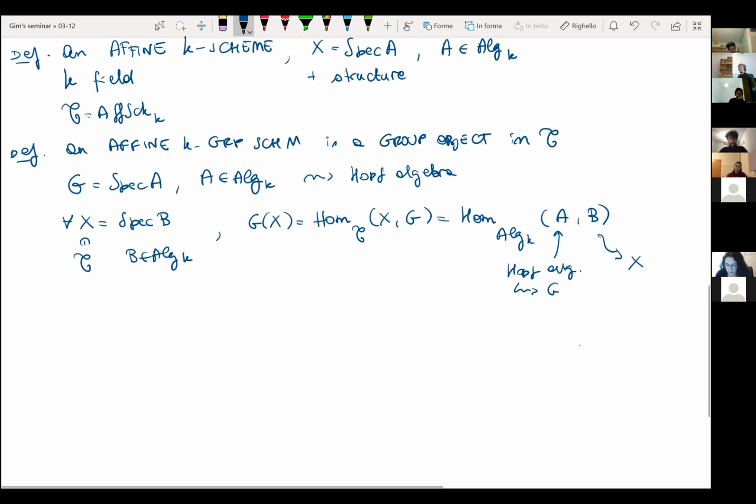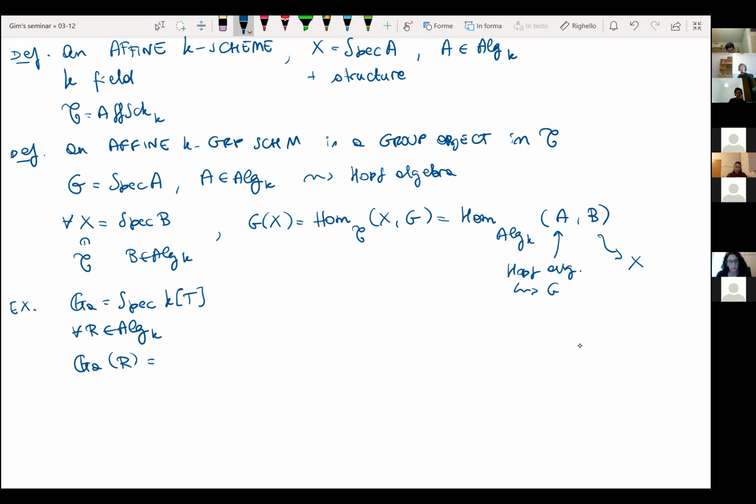So let's see some examples of group schemes. We can consider, for example, G_a, which is the spectrum of the polynomial algebra in one variable K[T]. Now for each K-algebra R, G_a(R), here there is a bit of abuse of notation.